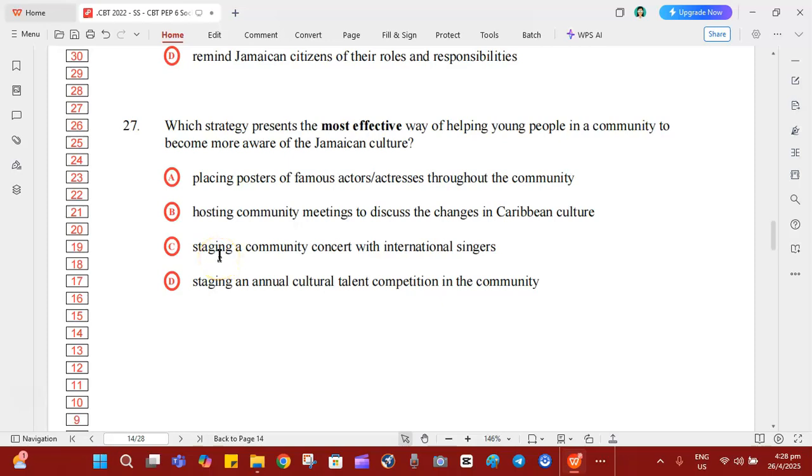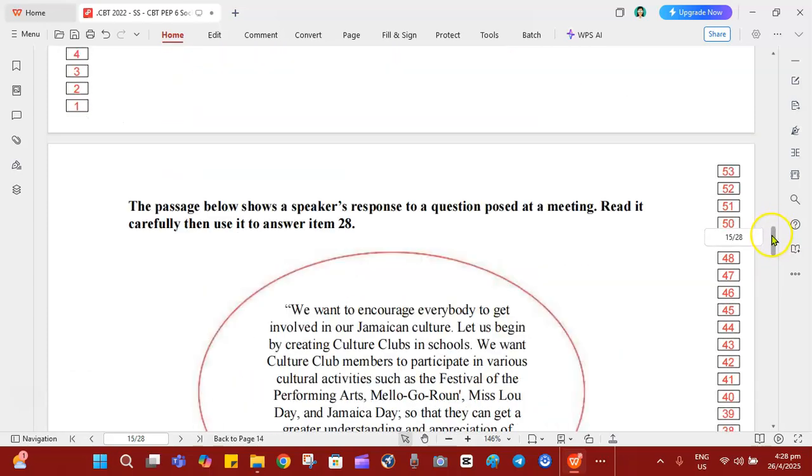C says staging a community concert with international singers. D, staging an annual cultural talent competition in the community. The answer would be D, staging an annual competition in the community that has to do with culture.